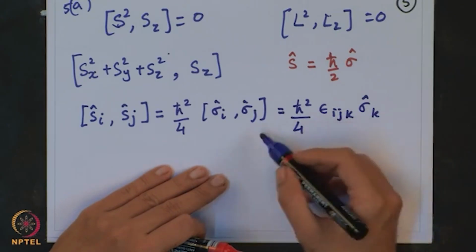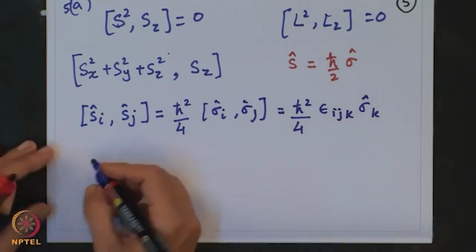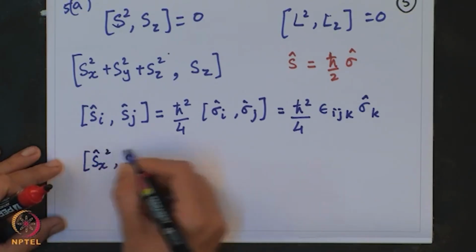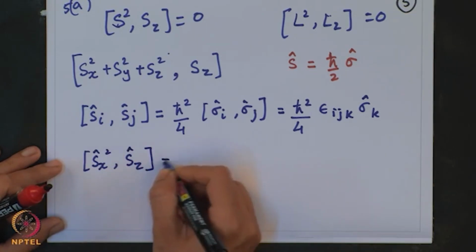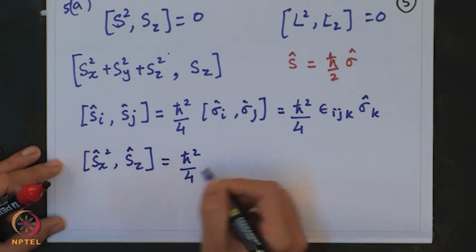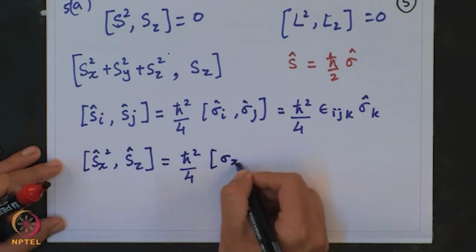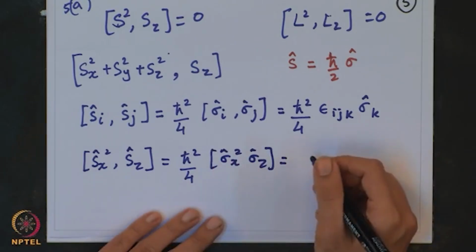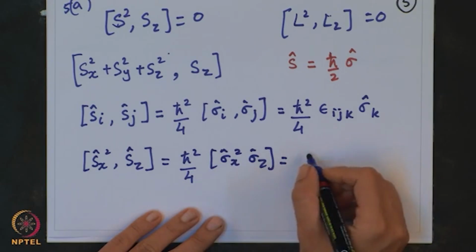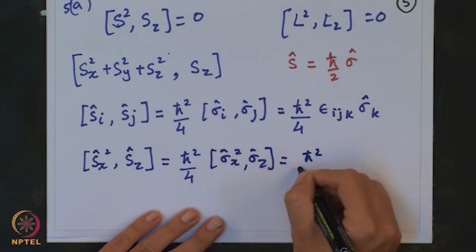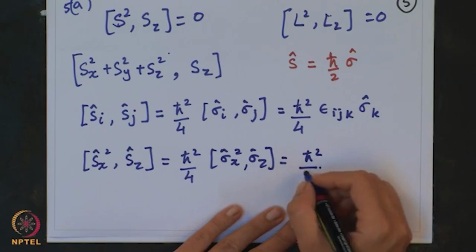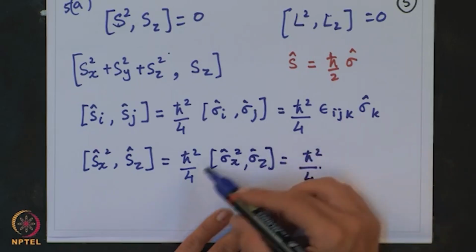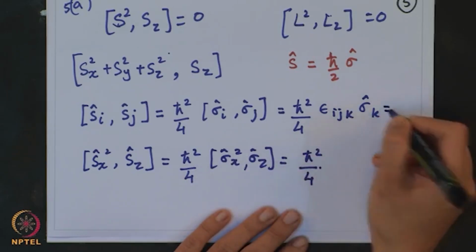So, with the help of this, you can actually calculate what is S square Sz, right. S square Sz will be sigma x square sigma z, which will give me, and the same relation actually you can rewrite this again.